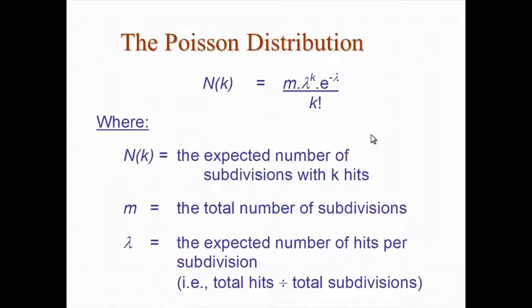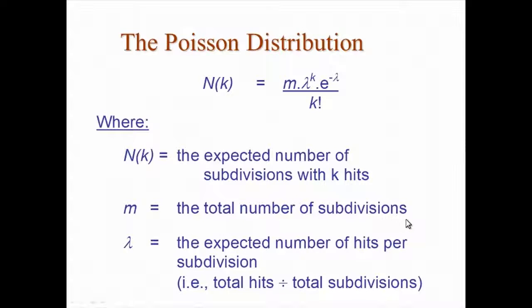And for that purpose, the Poisson distribution is very useful. So I don't like to have too much math in this class, but the Poisson distribution is actually not nearly as formidable as it may look at first glance, and it's a very useful distribution in terms of deciding whether or not something unusual is happening in terms of clustering. So starting on this side of the equation, we have m.